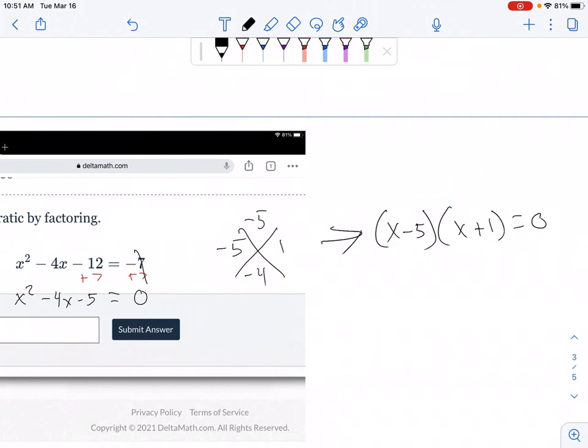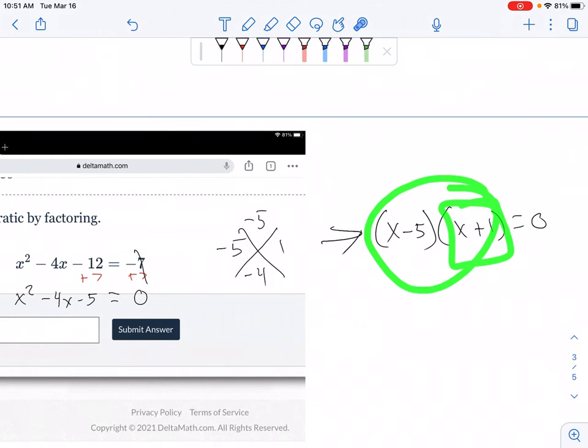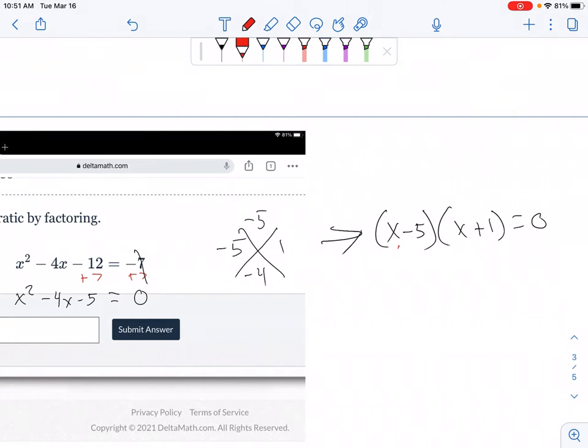But now both of these equal 0. So I need to figure out what would x have to be in this set to multiply and make everything equal 0, and what could x be in this set to multiply with everything to make it equal 0. So the way we figure that out is we set each one equal to 0. So I'm going to say x minus 5 equals 0, and I'm going to say x plus 1 equals 0.